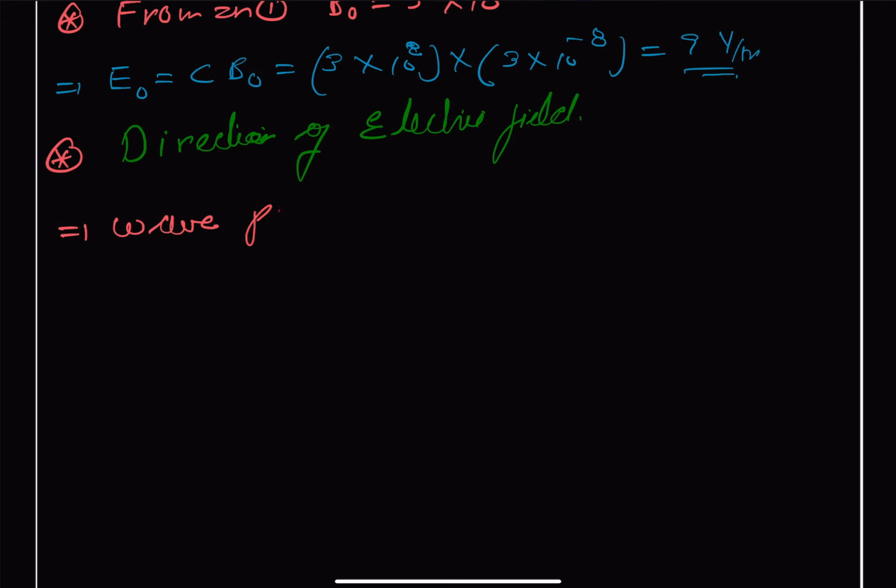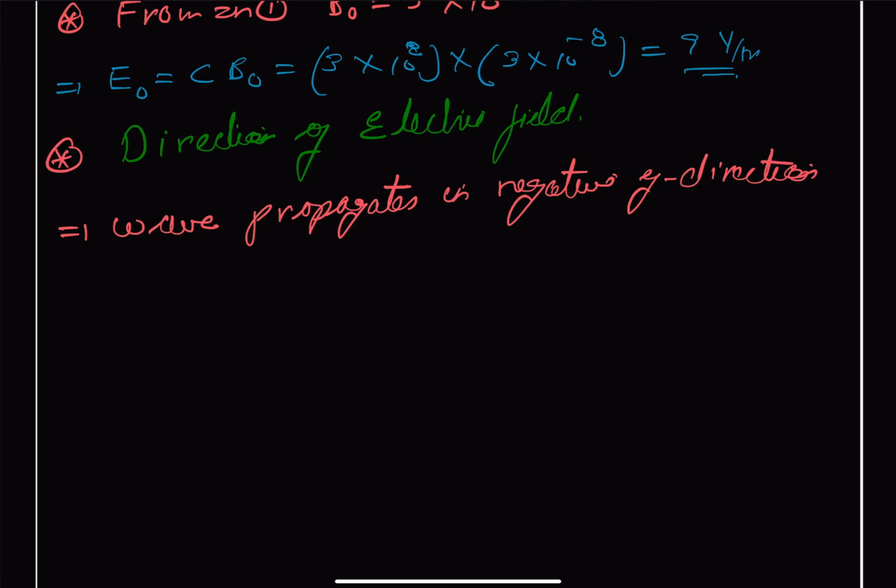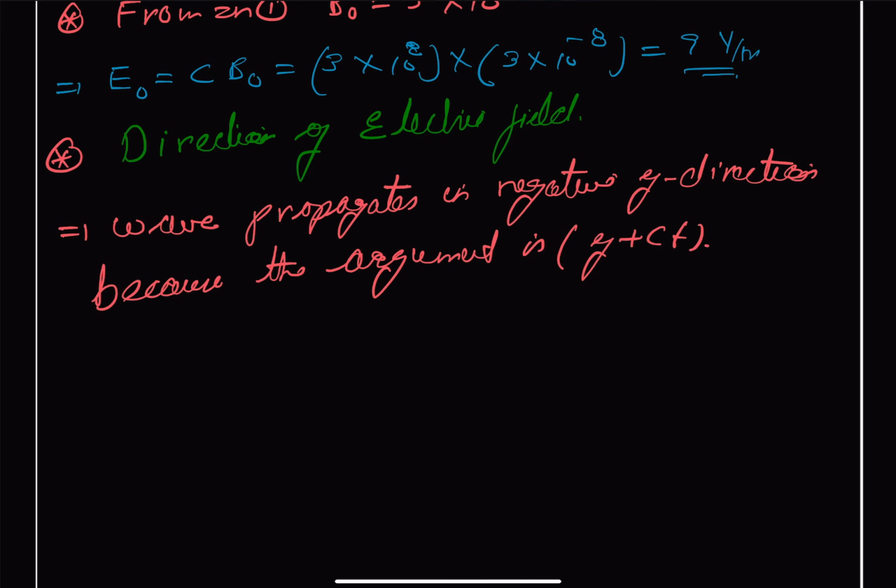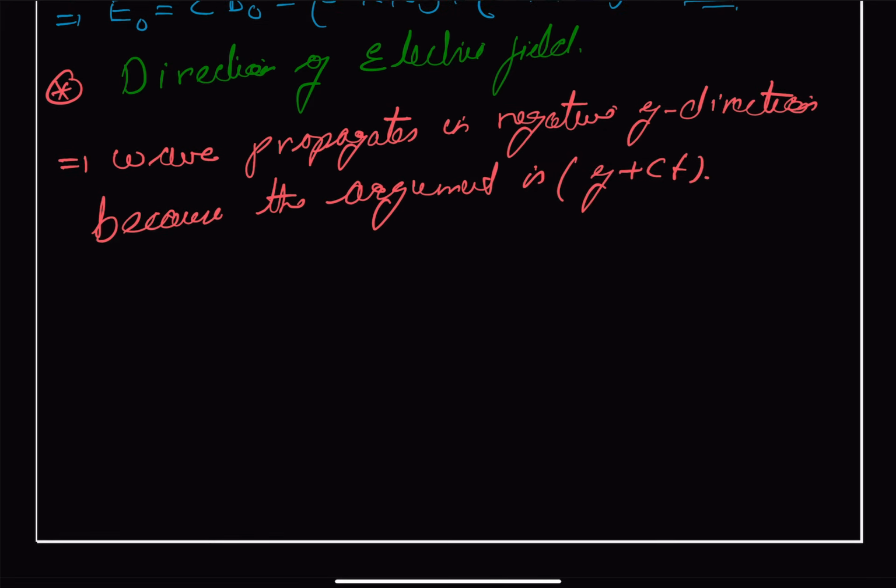So we can say that our wave propagates in the negative y direction because the argument is y plus ct, and the direction of the magnetic field is our i unit vector, or we can say the x direction.